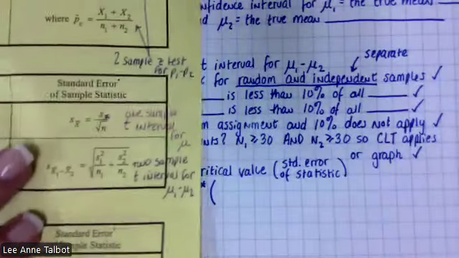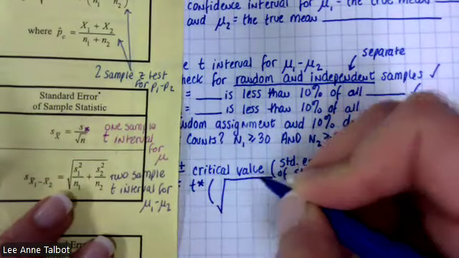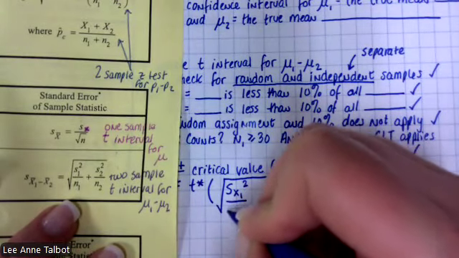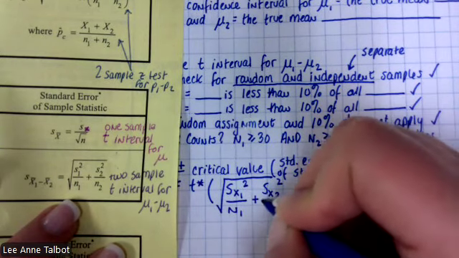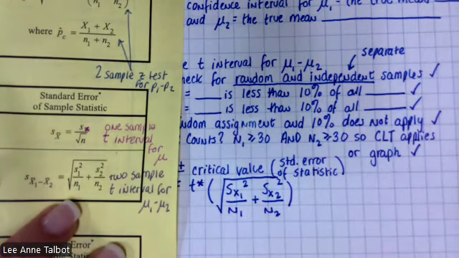Okay, so T star, big square root, S of x1 squared over n1 plus S of x2 squared over n2, parentheses.